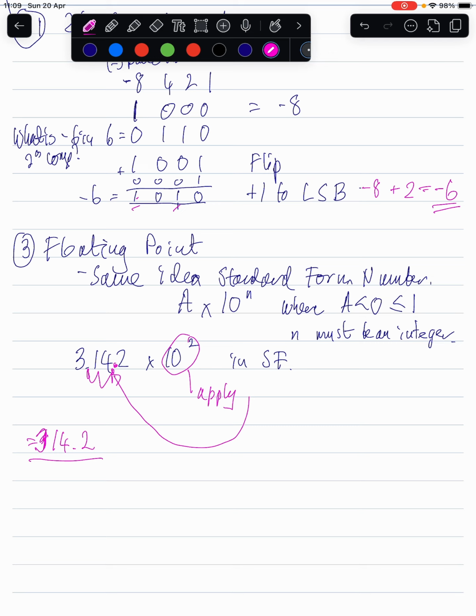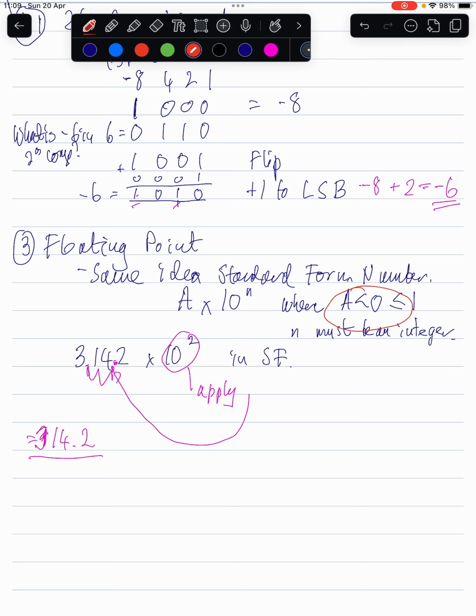Now notice, if we want to put this back into standard form, we have to move the decimal point into a position where this holds true. So it has to be 1, 2, 3. We have to move it into that position. So it would be 0.3142 times 10.